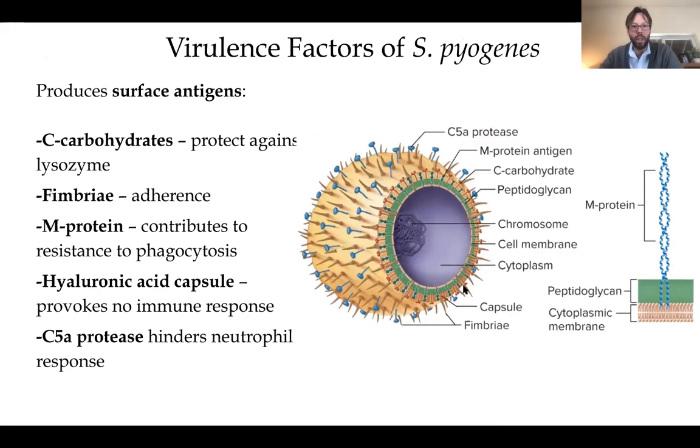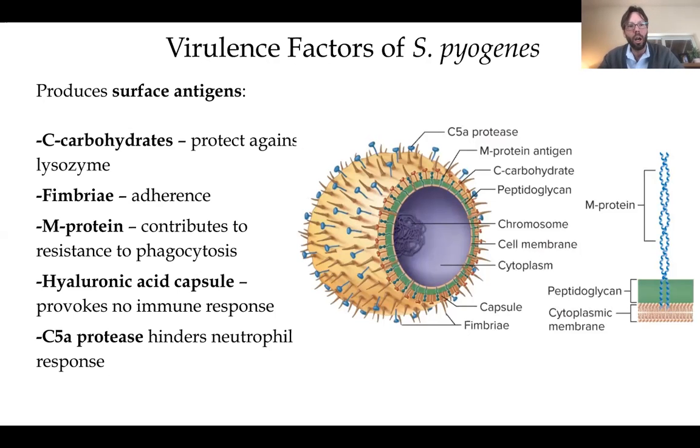You should be familiar with these. They're going to have this thing called C carbohydrates. These are all going to be on the surface. These are potential antigens, things that our immune system will target to make antibodies to attack subsequent invaders that have these same antigens.